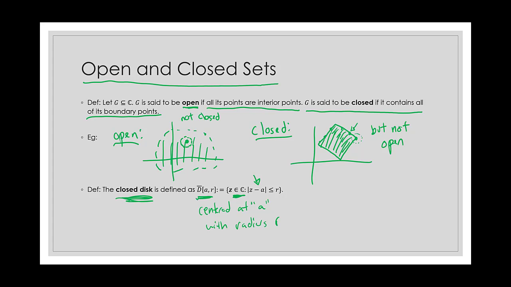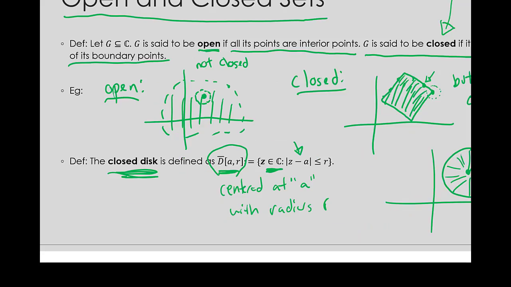We denote it with D bar, similar to our conjugate, so D bar(A, r) is our closed disk of radius r centered at A. For example, let's say that's A, and that's all the points distance r away from A, then the closed disk would be everything in this case, including the boundary. Notice this is a closed set. We're calling it a closed disk, but it also is closed in this definition sense as well.